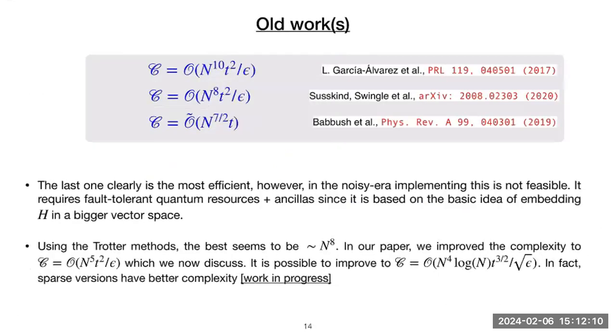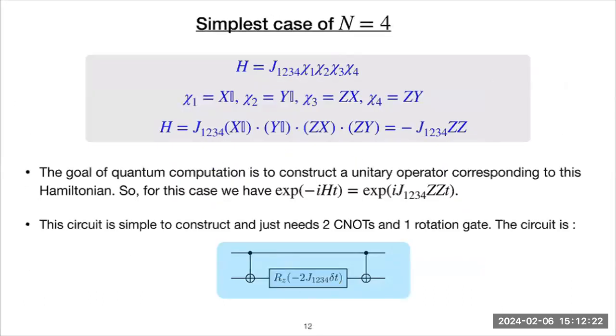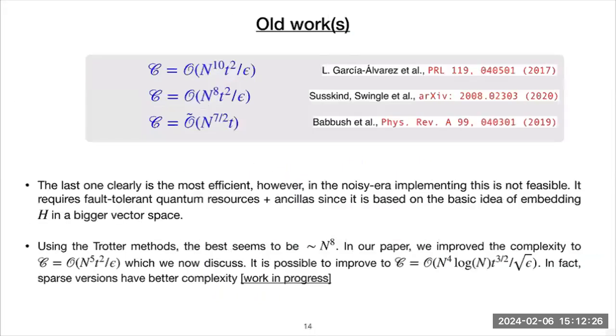And for that, this is the complexity. This algorithm is for a fixed value of t and epsilon. Epsilon is just the error. When we apply these gates, there is some error which we incur, and that is denoted by epsilon. So the complexity goes like n to the 10th t squared by epsilon.